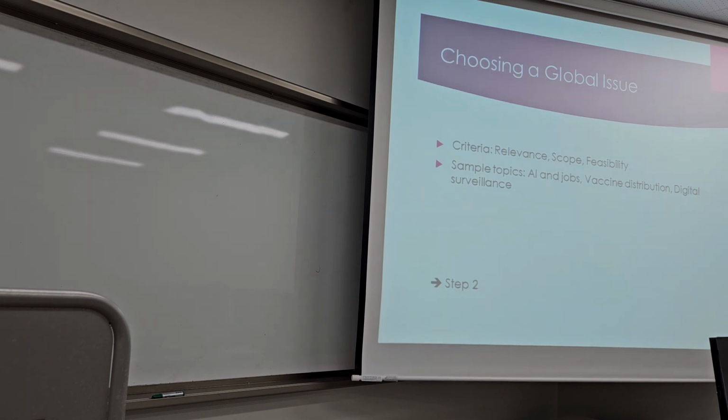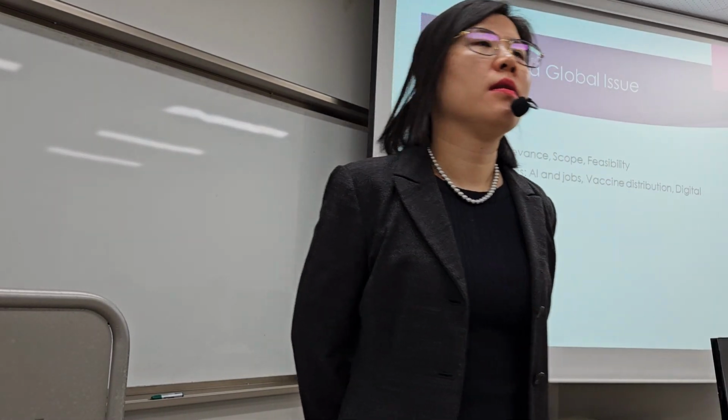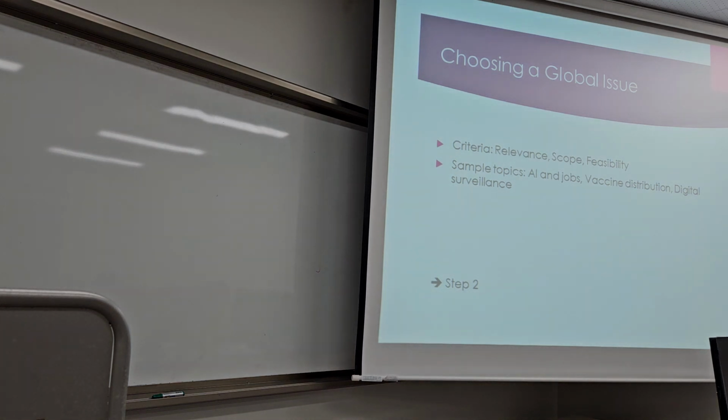I'll give you 3 more minutes. We'll do the exercise based on this, so you really have to choose one, okay? You can change it later, but for today, you have to choose one. Somebody wrote climate change, poverty issue.